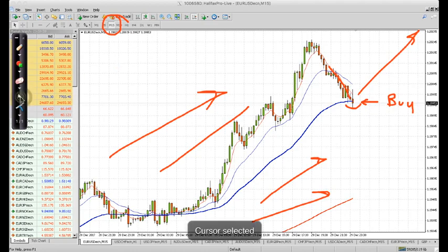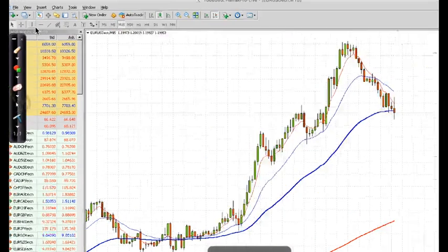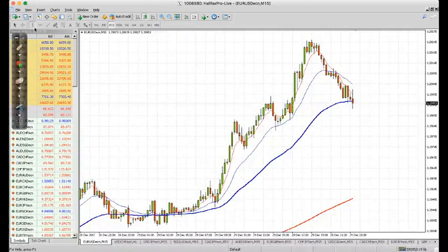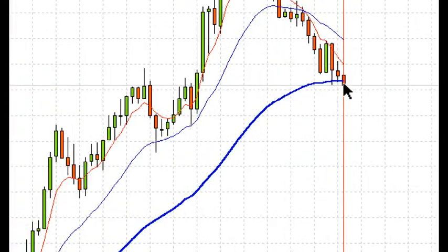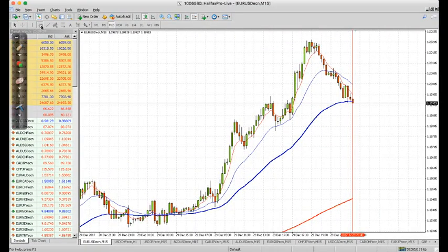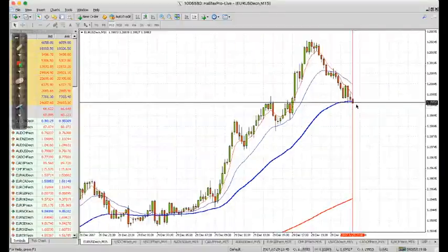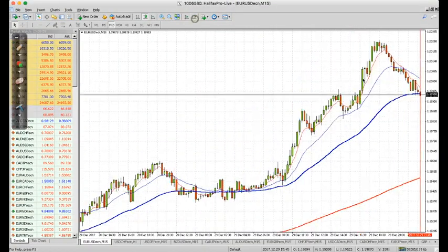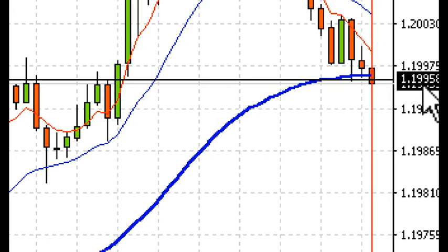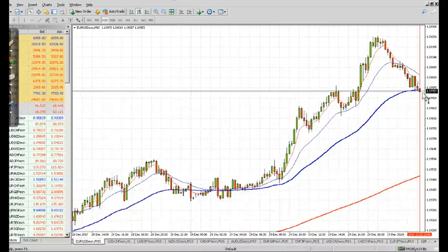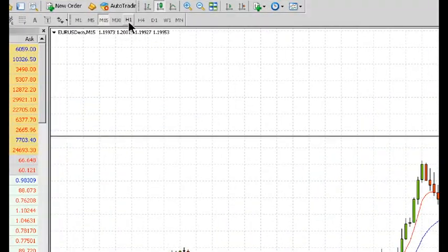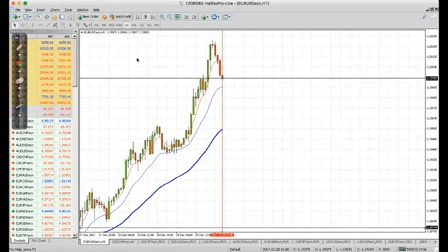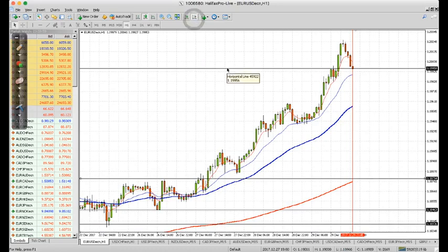So again, I click on this vertical line. I place it right at my intended entry point. I can draw another black line here and say, okay, I intend to buy at 1995, okay? So I then go to my hourly time frame and I check. On the hourly time frame, is it also on a clear uptrend?